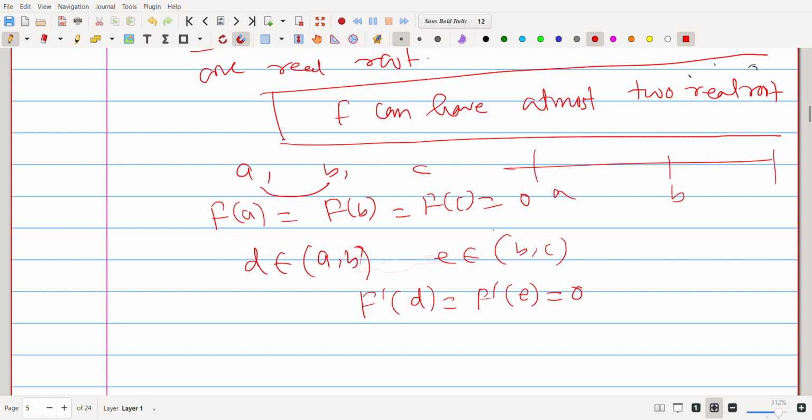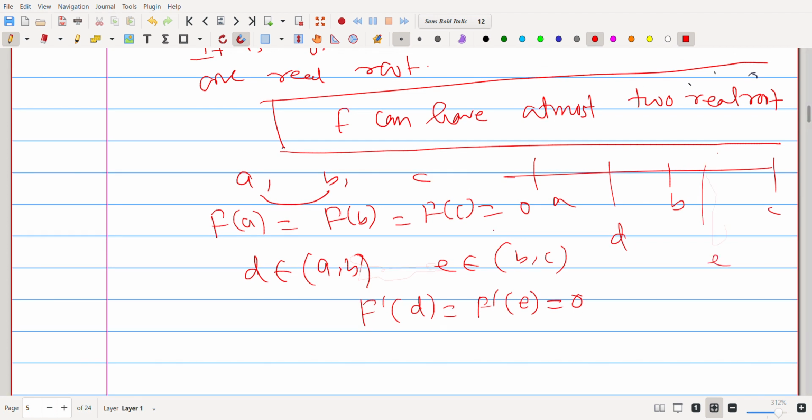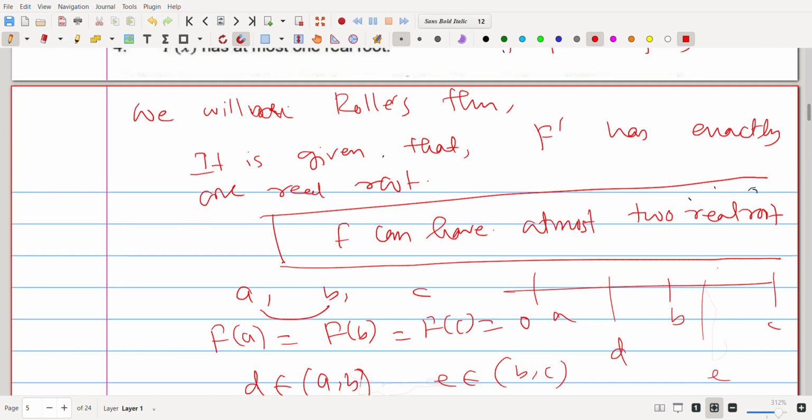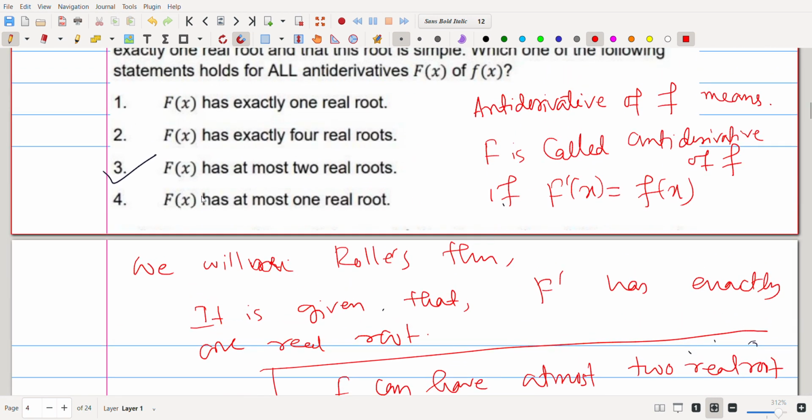These are roots of F prime. But it is given that F prime has exactly one root. Hence F can have at most two real roots. This is correct. And you can easily construct counterexamples for the other options. That is your homework. Fine.